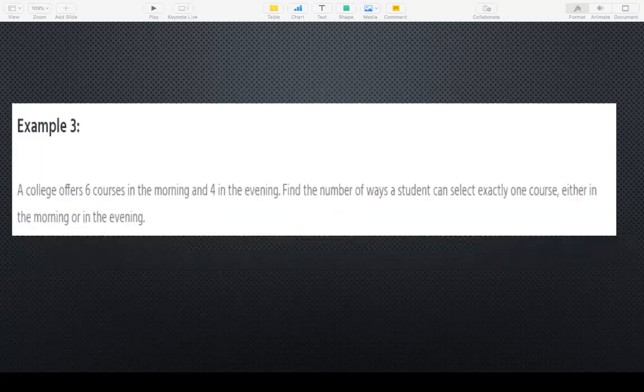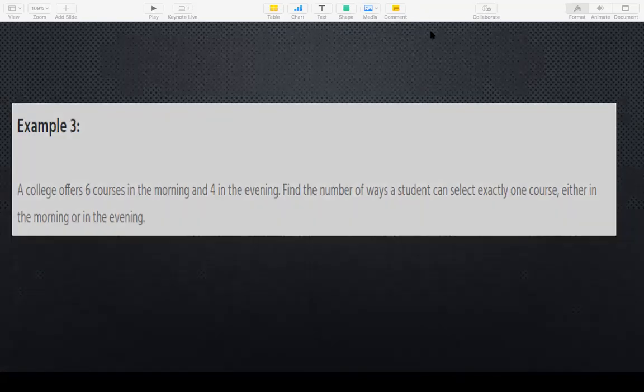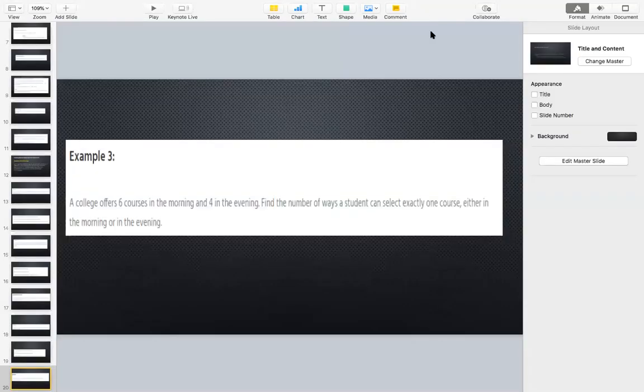Okay, here's another question for you. A college offers 6 courses in the morning and 4 in the evening. Find the number of ways a student can select exactly 1 course, either in the morning or in the evening. Yeah, great, great. Good responses.